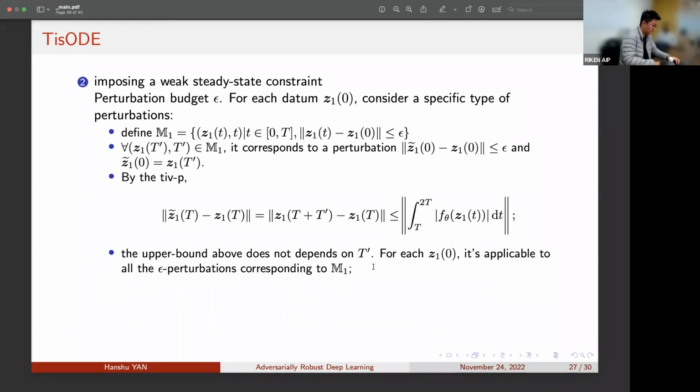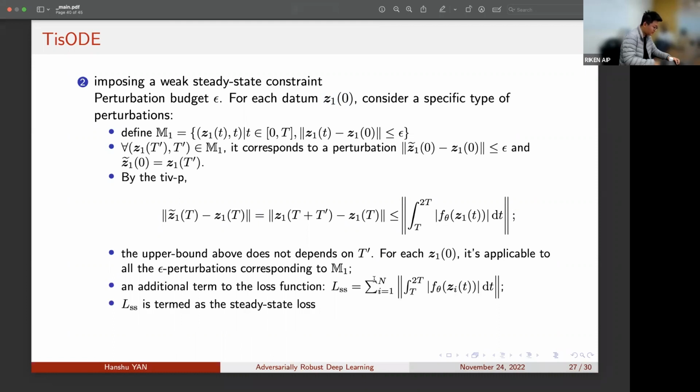And for each datum, this is the regularization for datum z1. Then for each datum, we all have this term, and the difference is the input of the dynamics f theta. So we can add this regularization term into the loss function and train it with, for example, for the classifier, we can train it with the cross entropy loss.